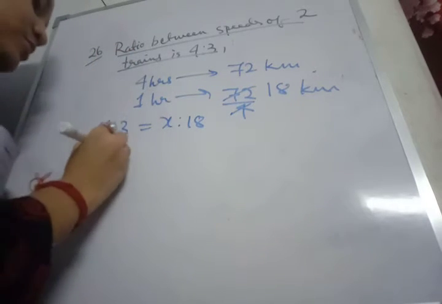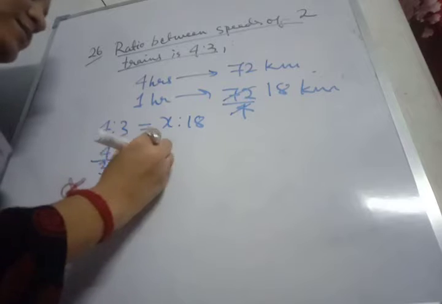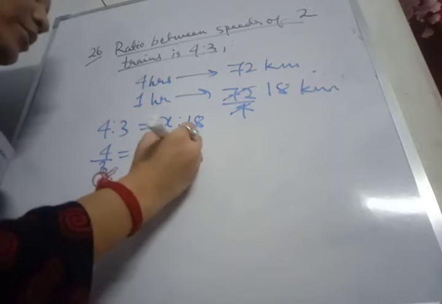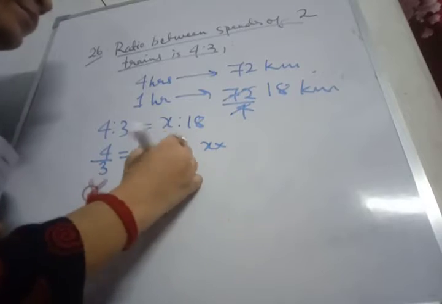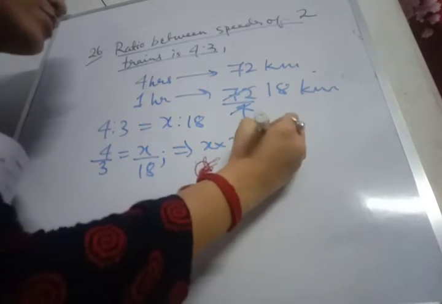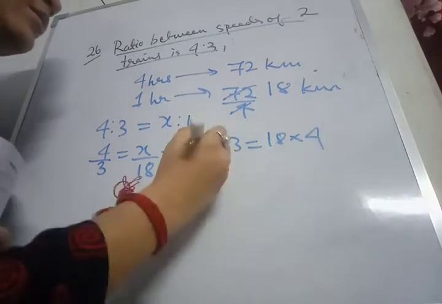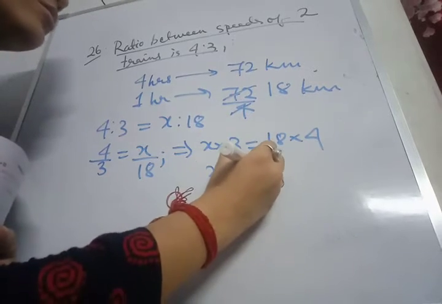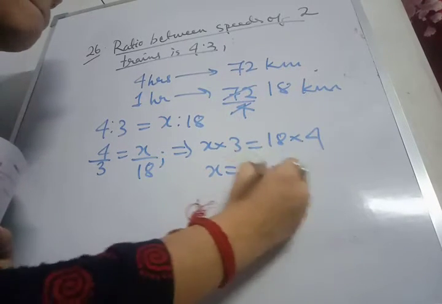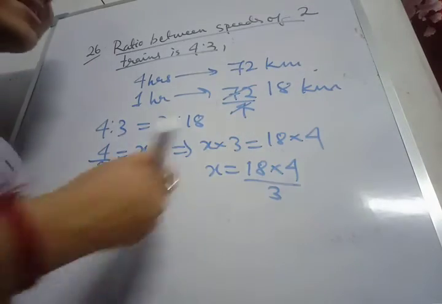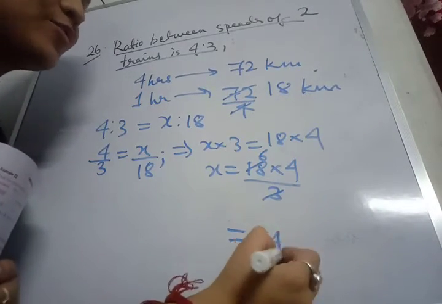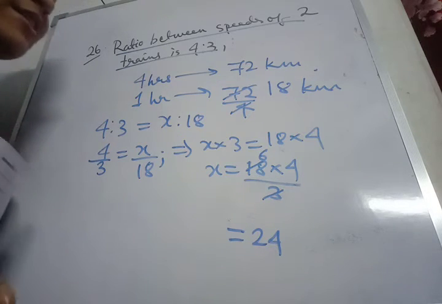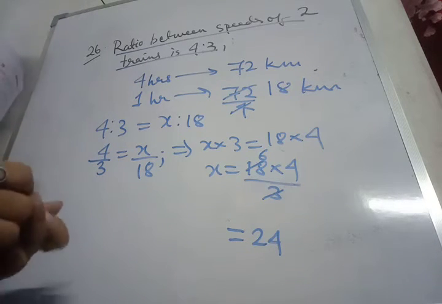So 4 by 3 equals x by 18, or x into 3 equals 18 into 4, or x equals 18 into 4 by 3. So 3 6s are 18 and 6 4s are 24. This is the speed of the first train.